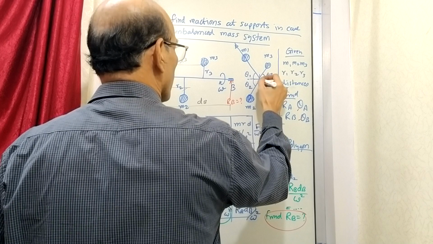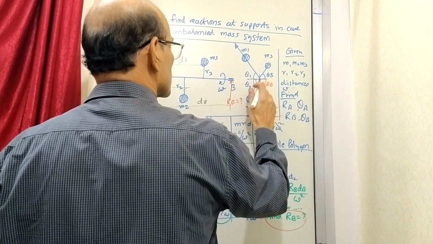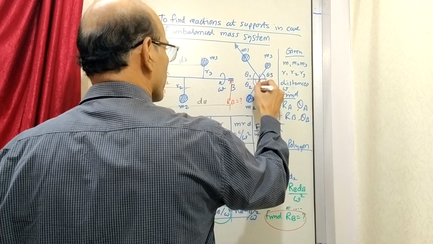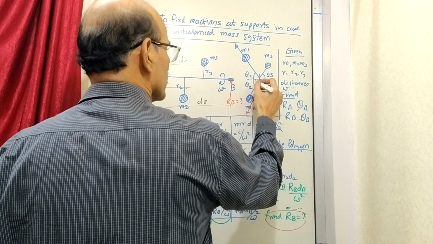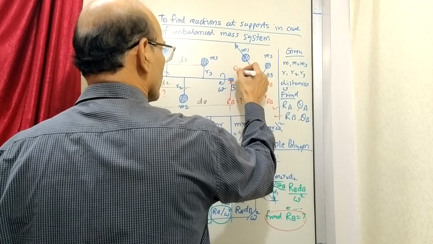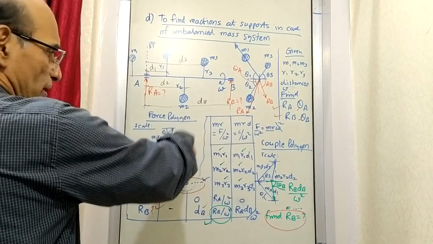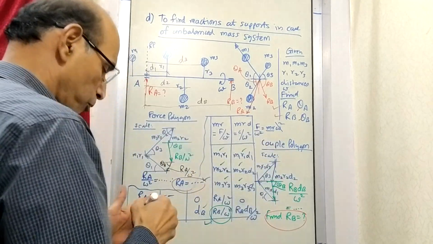So if I draw this angle something like this, this is theta A and this is RA, according to whatever direction has come in the polygon.